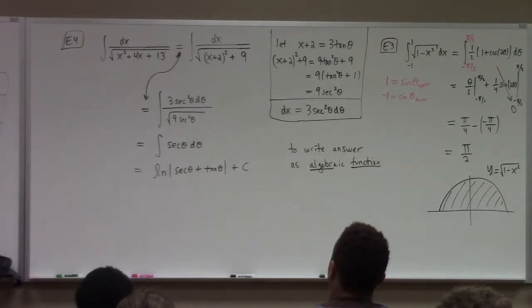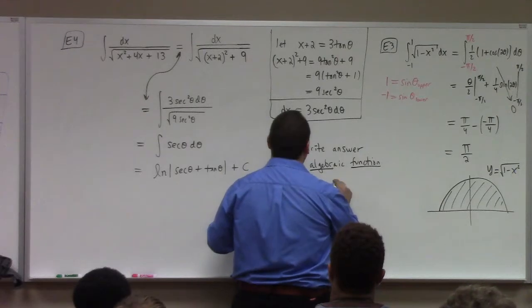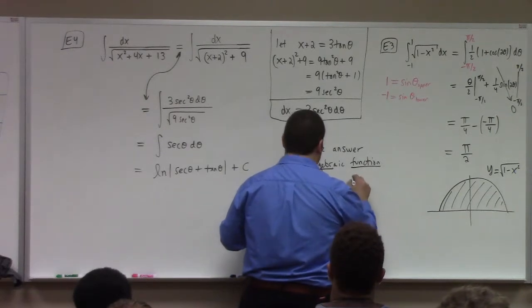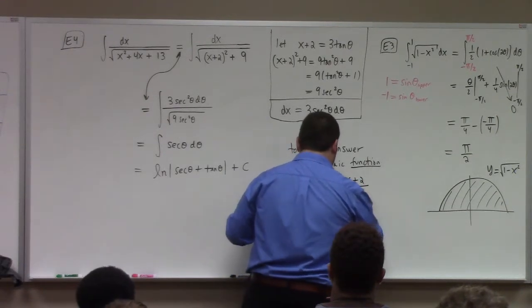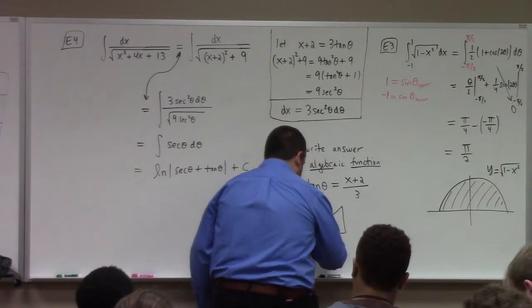Now, somebody said something before I was blathering on about terminology. You could say tangent theta equals x plus 2 over 3. Yes, very good. That is the key to the kingdom, if you will. Tangent theta equals x plus 2 over 3. Once you write that, you should think, aha, triangle.